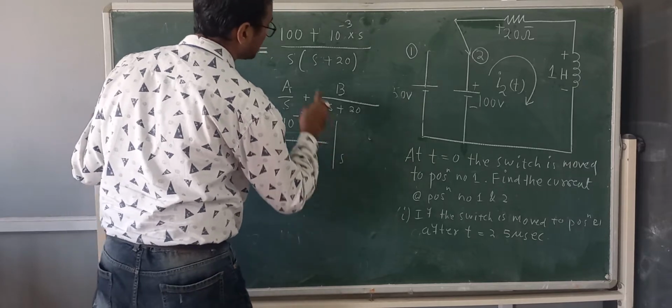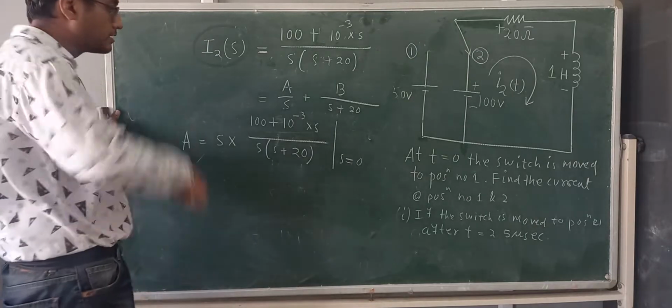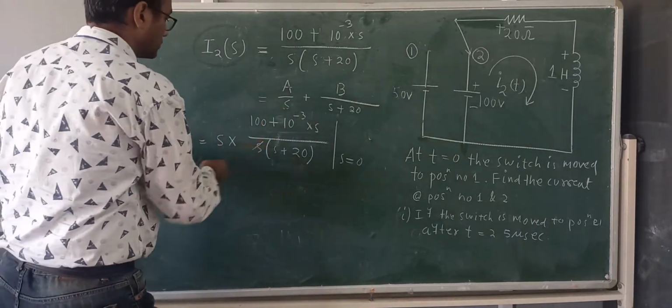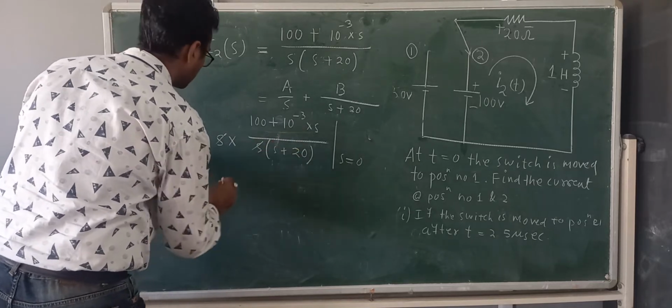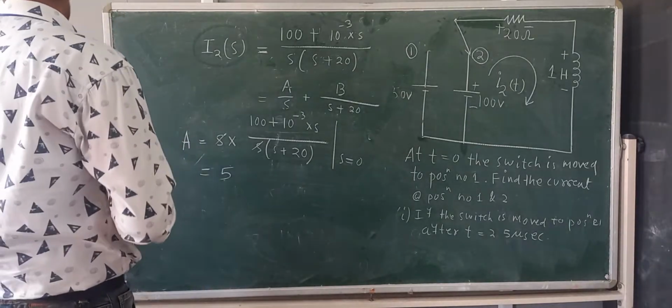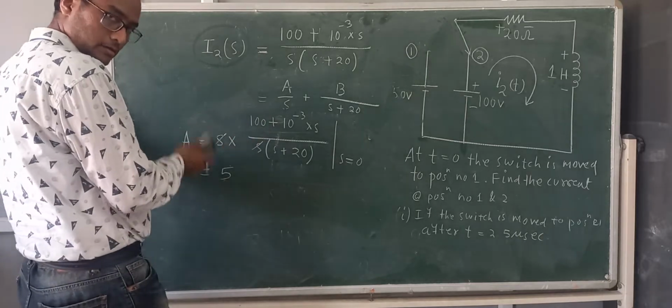Put s equal to 0, because only s is there, so s will be cancelled out. A will be 5. So what is B here? Let us find B. Please practice it.